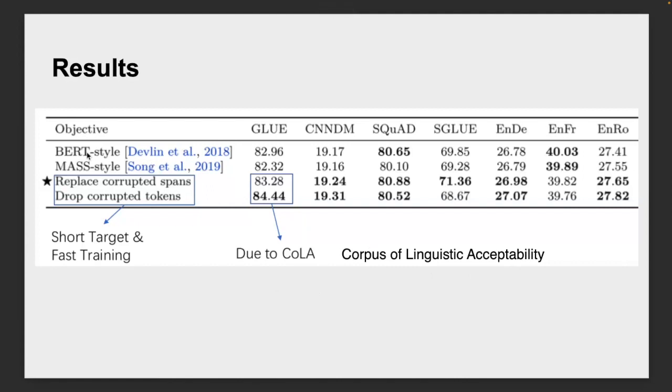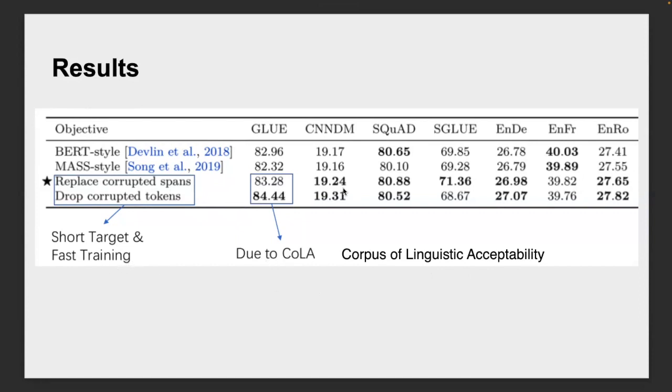Interestingly, they pre-train against these different variants of pre-training objectives, and they find that the short target pre-training objective wins over the full sentence recovery, also because it's faster to train.